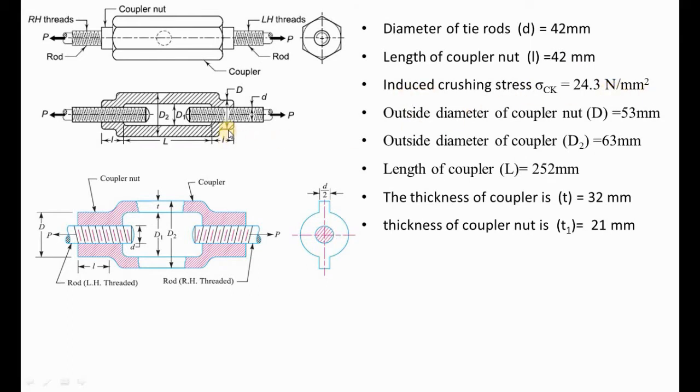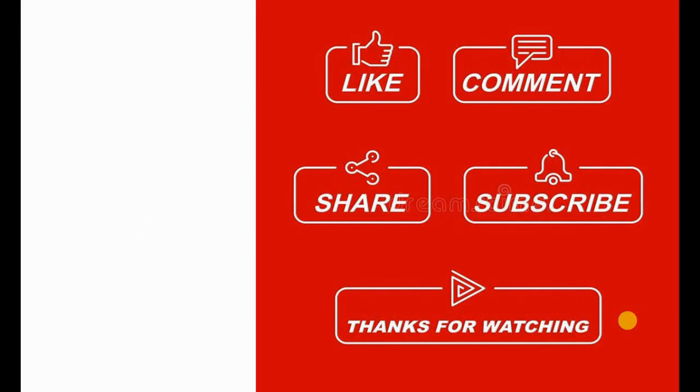We have calculated the outside diameter D, which is 53 mm, and the outside diameter of the coupler, D2, which is 63 mm. The length of the coupler is 252 mm. The wall thickness and side wall thickness are 32 mm and 21 mm respectively. Okay, so that's it. Thank you.